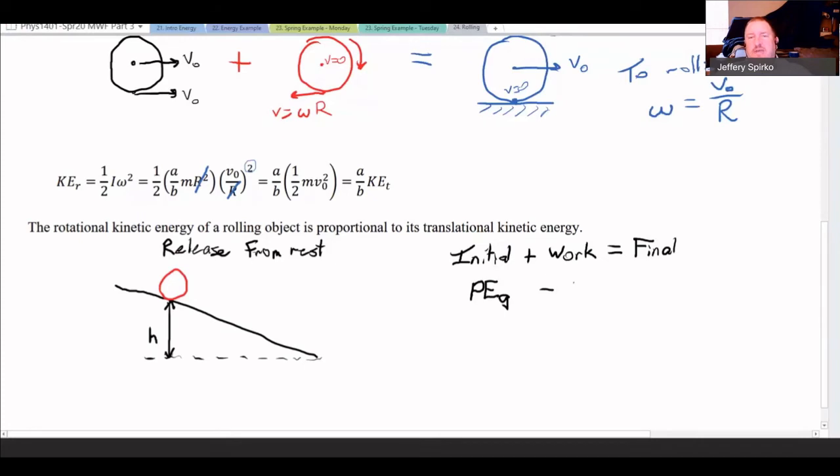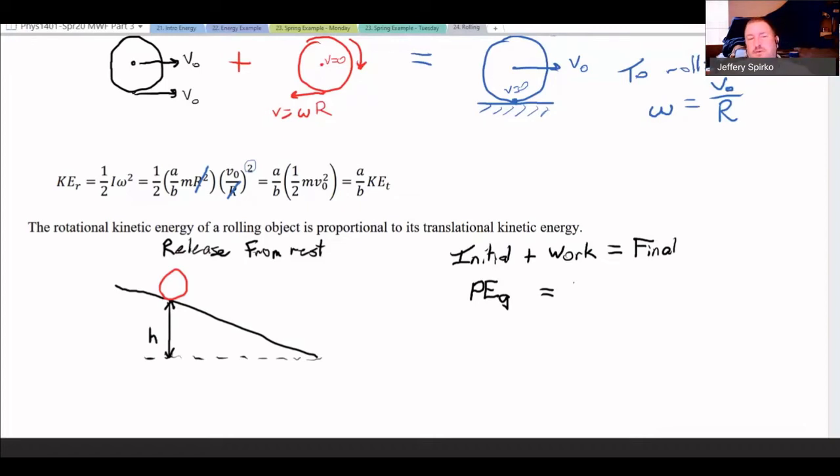And I don't have any work here because the only forces involved are gravity, which is taken into account with the potential energy. The normal force doesn't do any work because work requires a force and motion in the same direction.